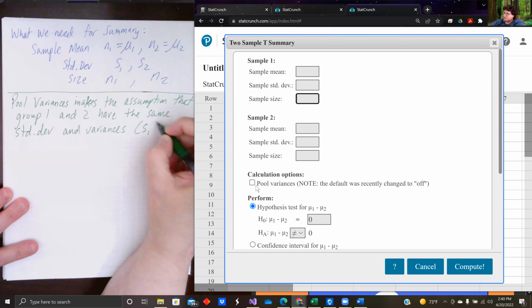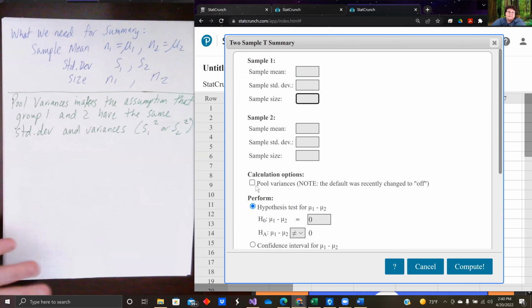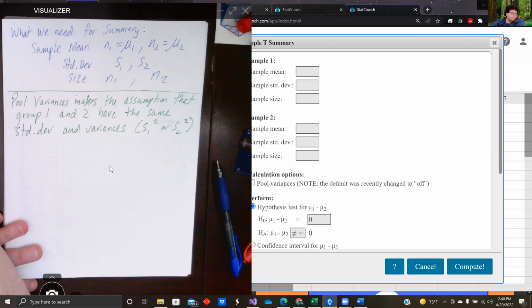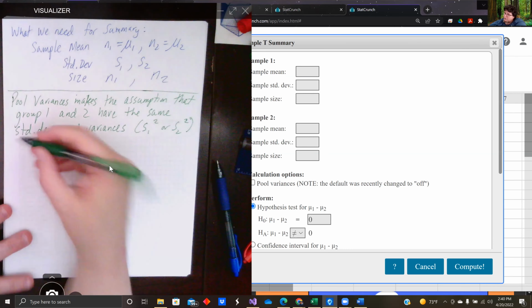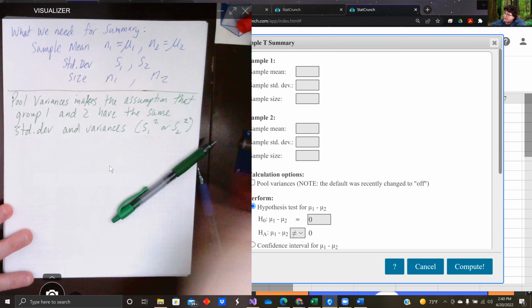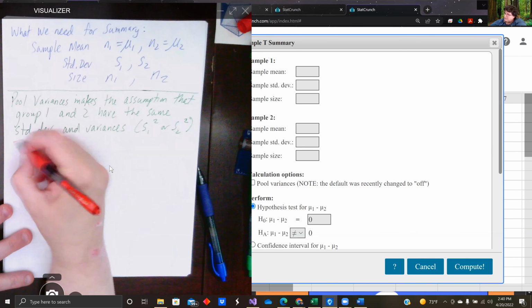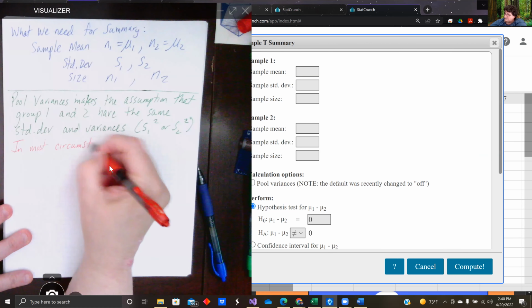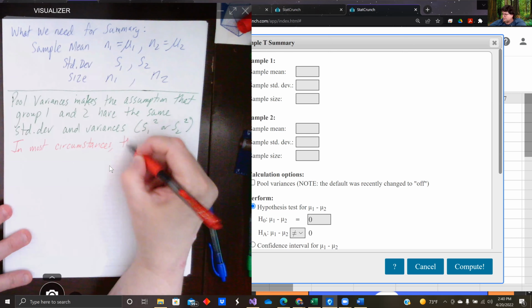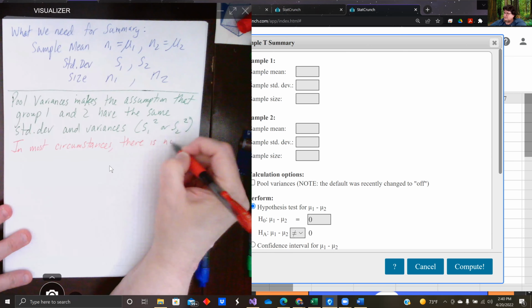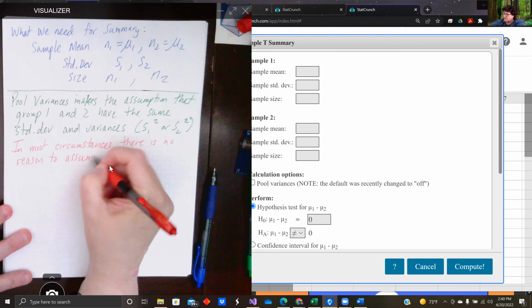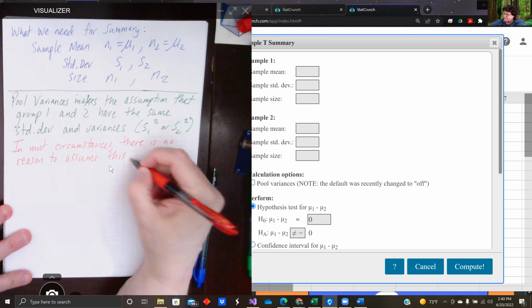Variances is going to be S1 squared or S2 squared. That's why I said standard deviation and variances. It assumes both. But there is no reason to assume that our groups have this. In most circumstances, there is no reason to assume this. So leave it unchecked.